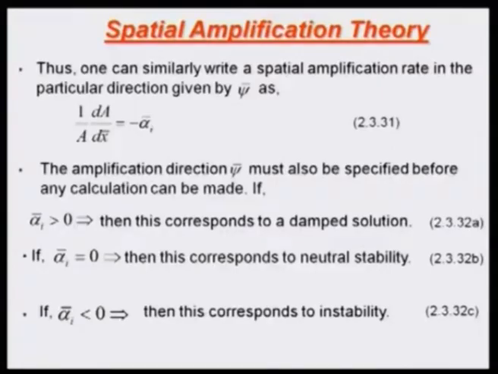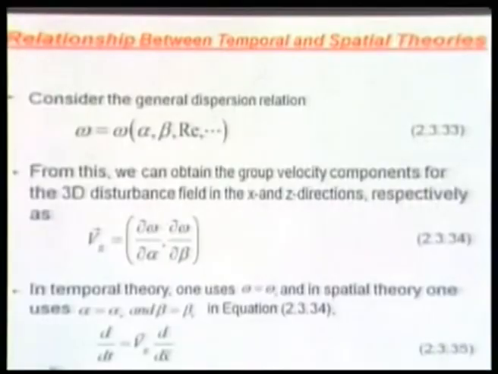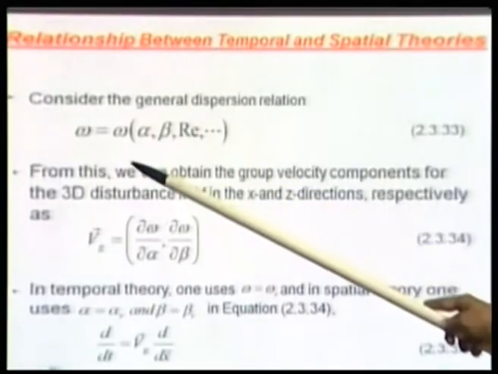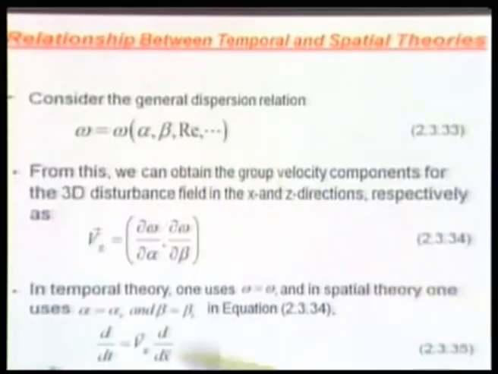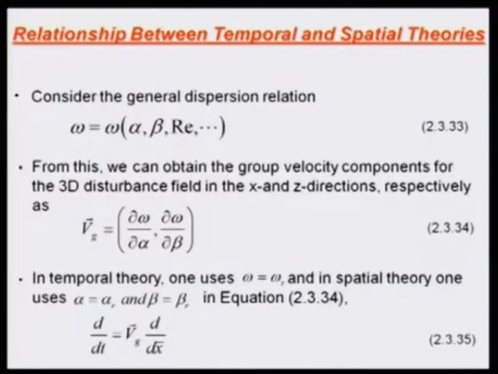Now, what we need to do is figure out how these two theories relate to each other. That comes about by considering the general dispersion relation, which tells you the circular frequency is a function of the wave numbers apart from any other parameters that you may have.